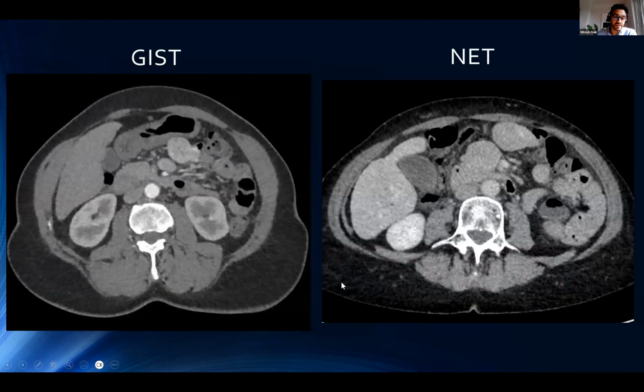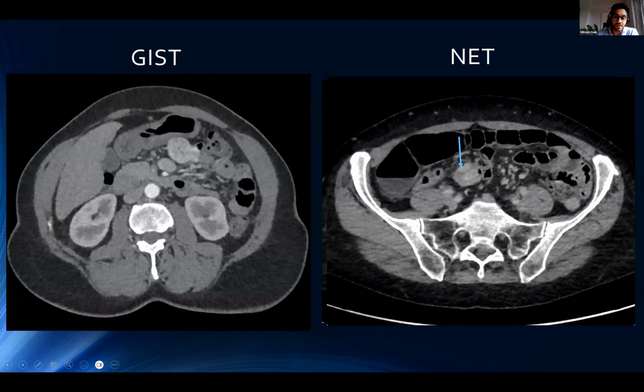One of them ended up being a gastrointestinal stromal tumor. You can see it's slightly contiguous with an exophytic component extending to the adjacent small bowel loop. That's not diagnostic, but it's a described feature. And on the right-hand side, this ended up being a neuroendocrine tumor. And this is the primary lesion of the right-side neuroendocrine tumor in the distal ileum.